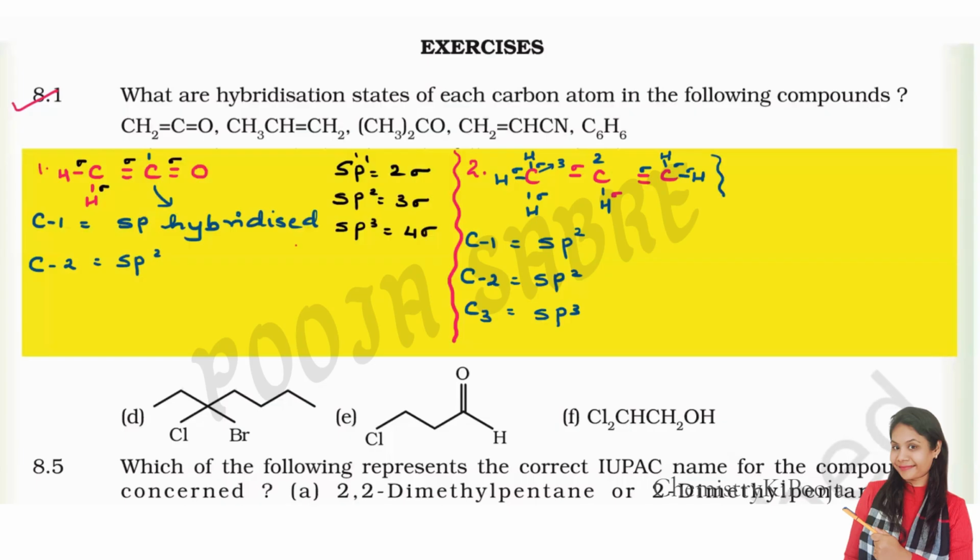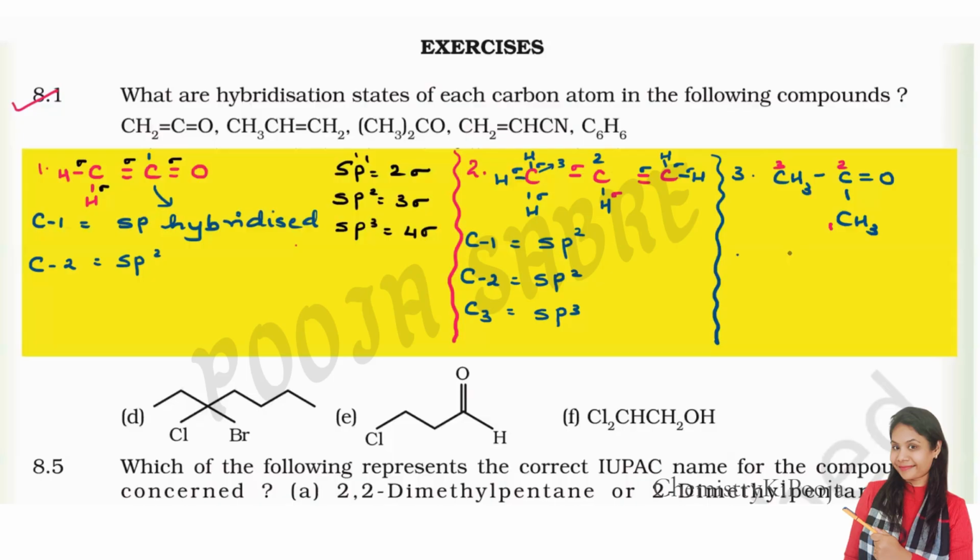Clear? Similarly, let us write down the third one. The third one is CH3 twice, CO, so CH3 is present on this carbon atom twice, and then we have a double bond to O. Again, it is of a similar type. This is 1, 2 and 3.